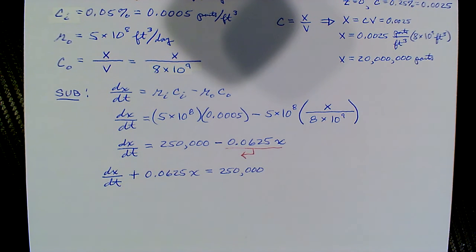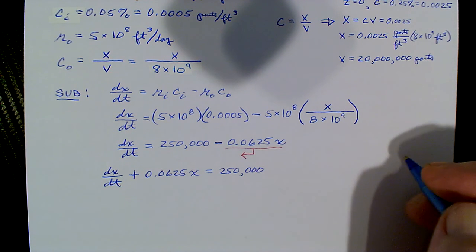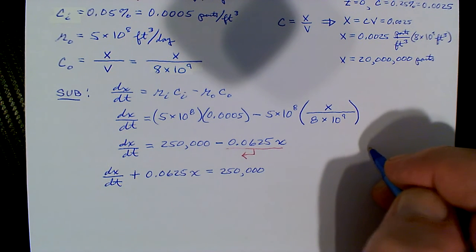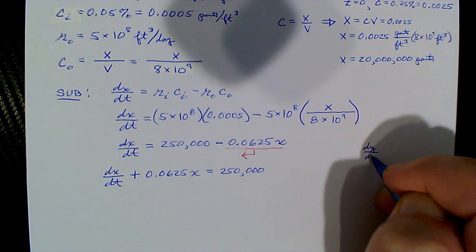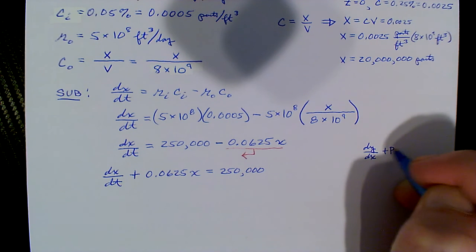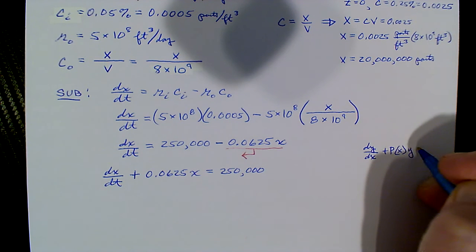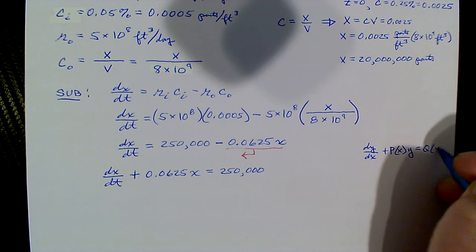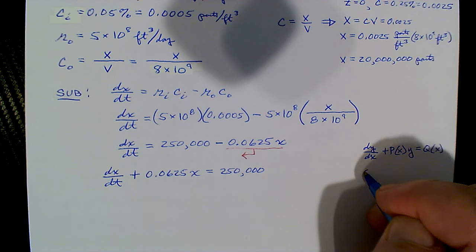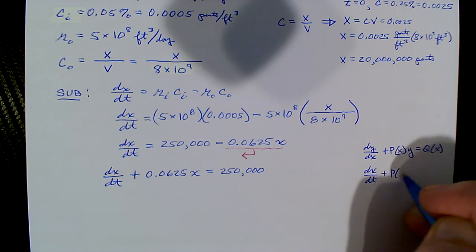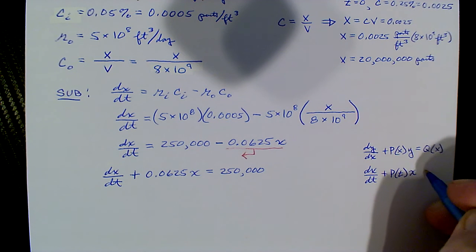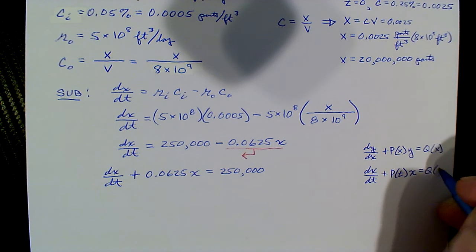So the analogy at this point, in terms of the standard form, remember it was dy/dx plus p of x times y equaling q of x. But now we're saying dx/dt plus p of t times x equals q of t.